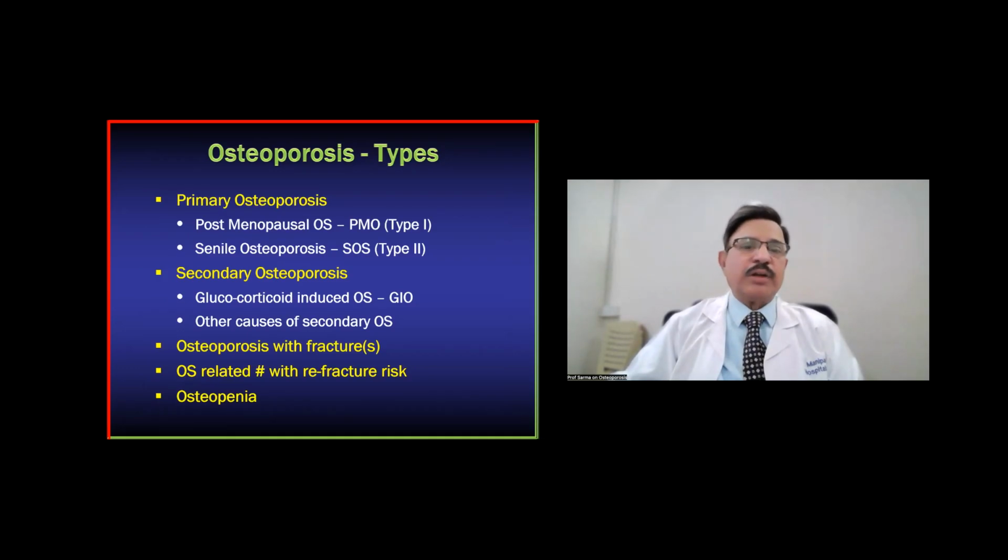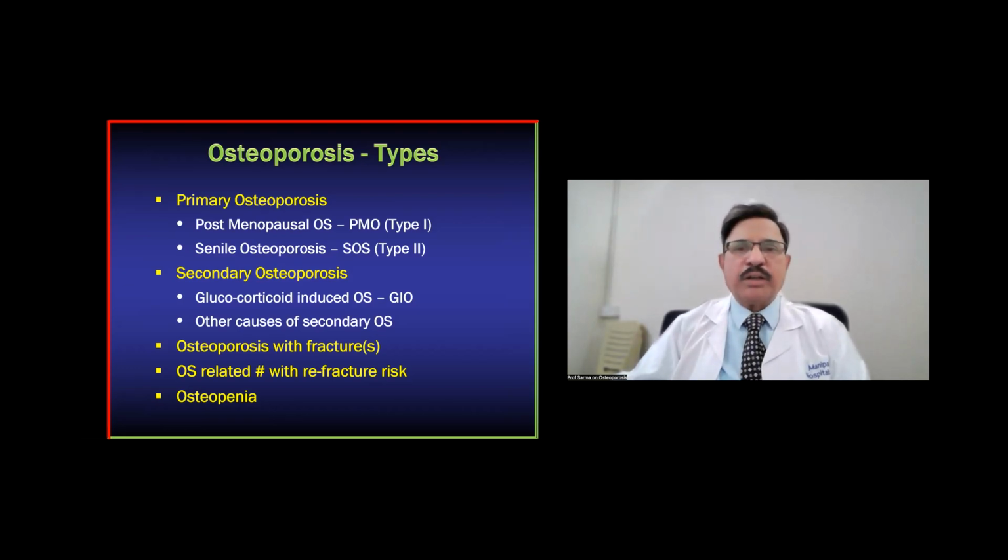Okay. What are the types of this? You must know, for clinical knowledge and as background for understanding the disease. Primary osteoporosis, secondary osteoporosis. Primary means there is no known cause, like primary hypertension, except the age and androgens.